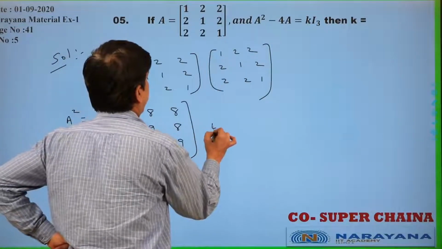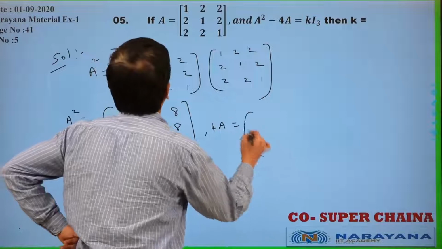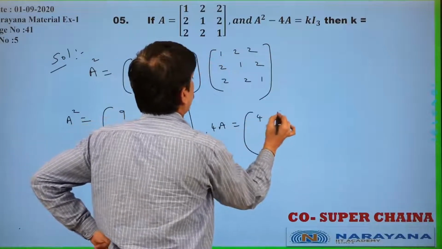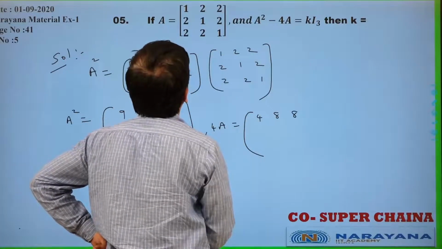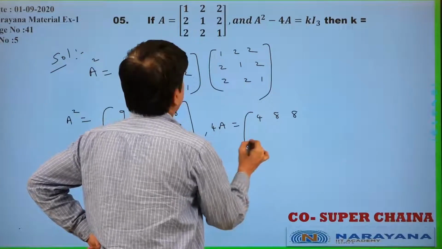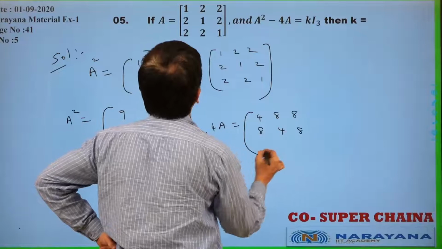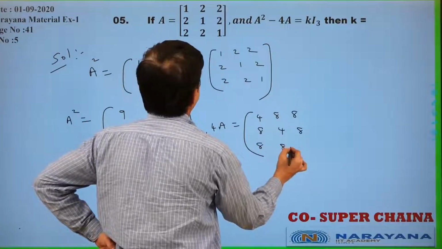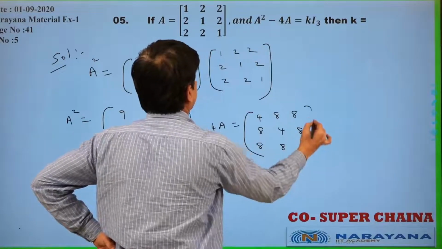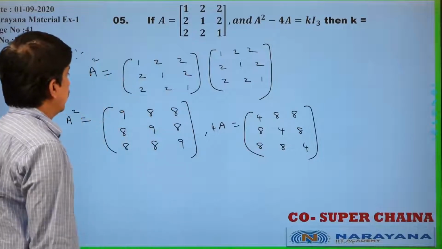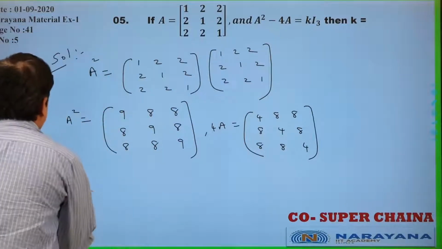What is 4A? 4A is nothing but 4, 8, 8; 8, 4, 8; 8, 8, 4. This is 4A. Now, what is A square minus 4A?